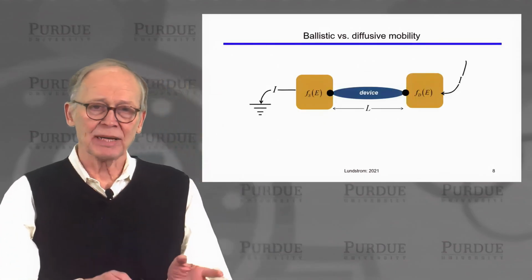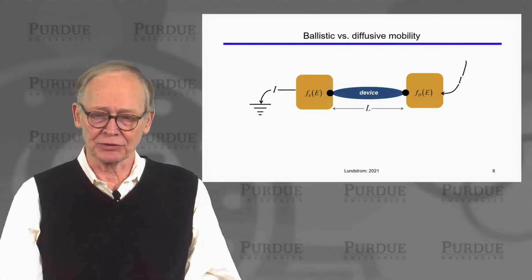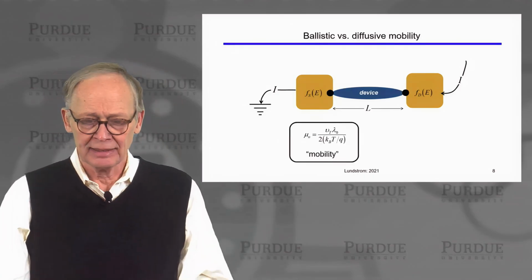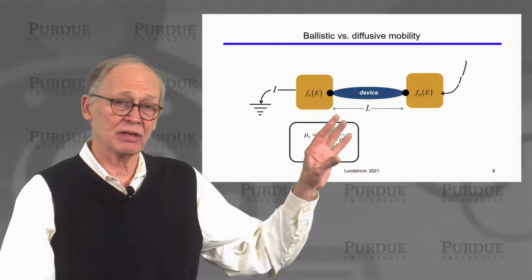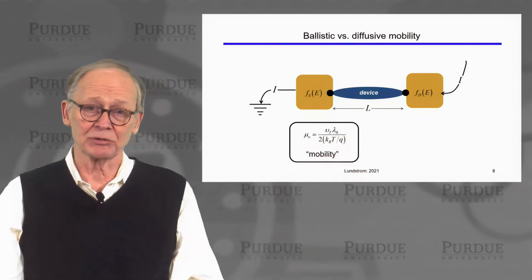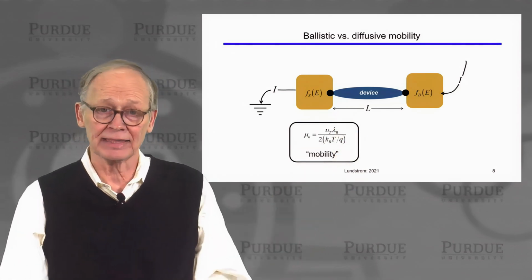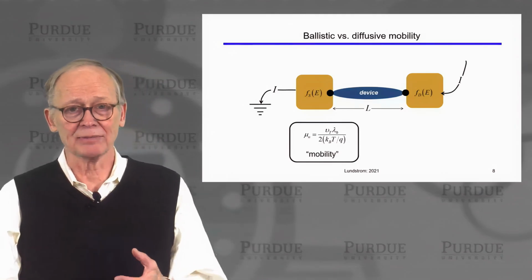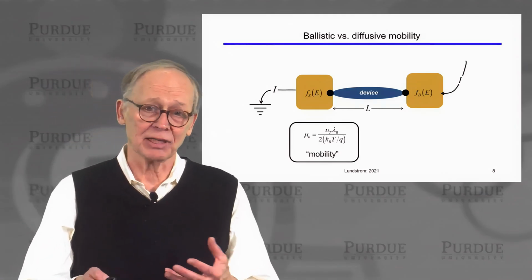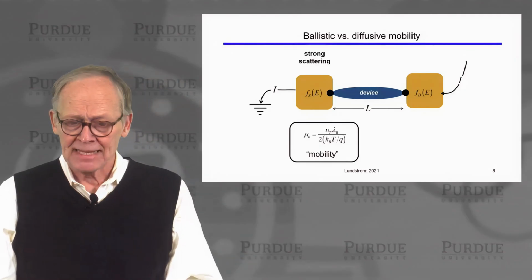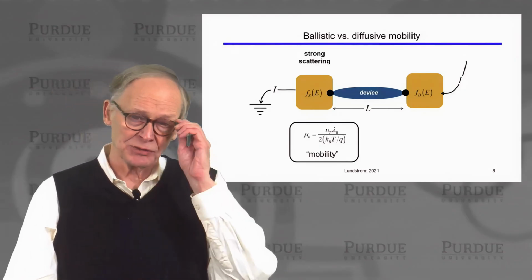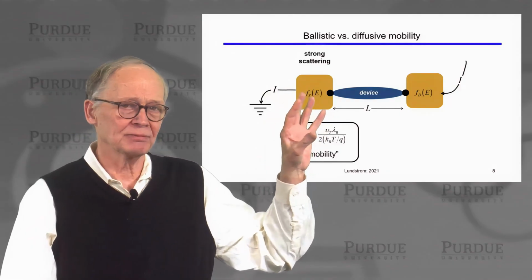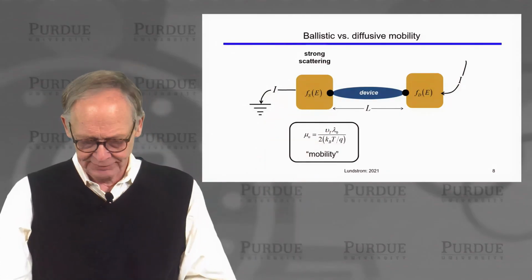Okay, now let's go back. Let's talk about the ballistic mobility first and how it differs from the diffusive or the conventional mobility. The conventional mobility that we talk about in a bulk semiconductor is related to the mean free path for scattering. This is a material-dependent parameter that is widely measured and usually easy to look up and find. What happens in a ballistic MOSFET? Well, we have strong scattering in the reservoir of electrons at the source.